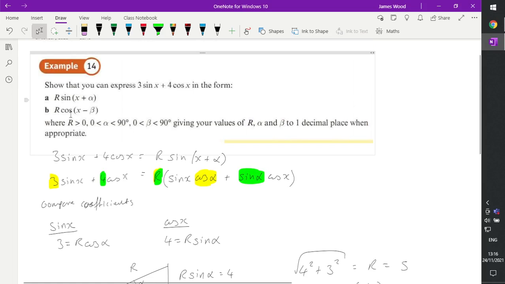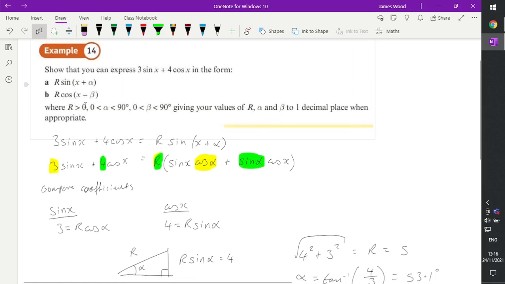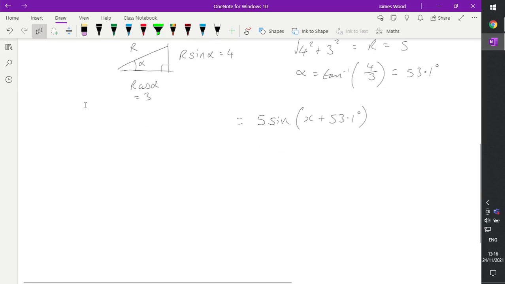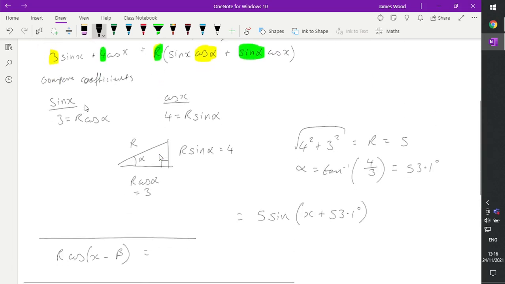Okay, let's do part B. We're going to try and write it in cos. We're going to try and write it as r cos of x minus beta. Okay, but we're still going to try and draw the same thing. So it was 3 sine x plus 4 cos x.